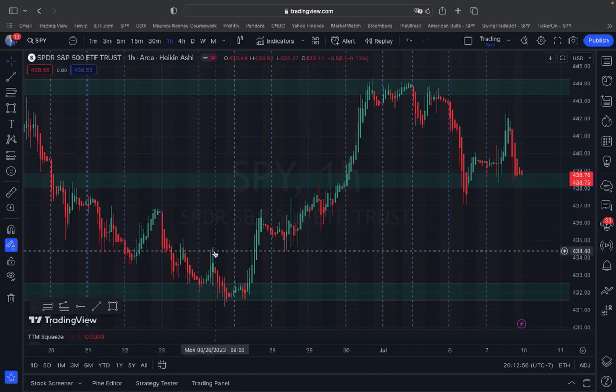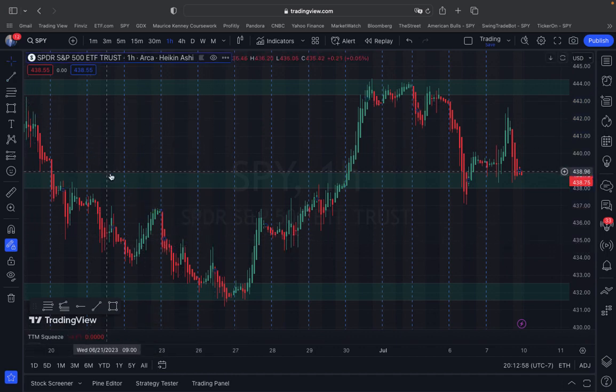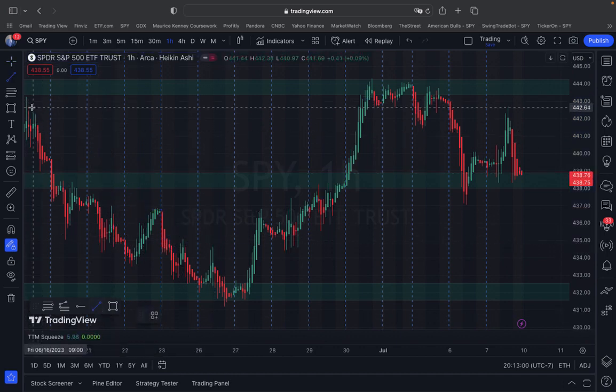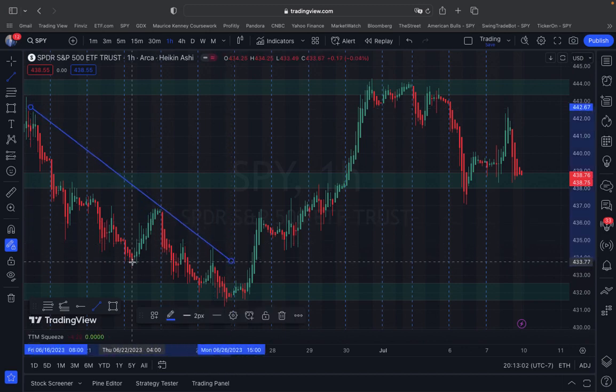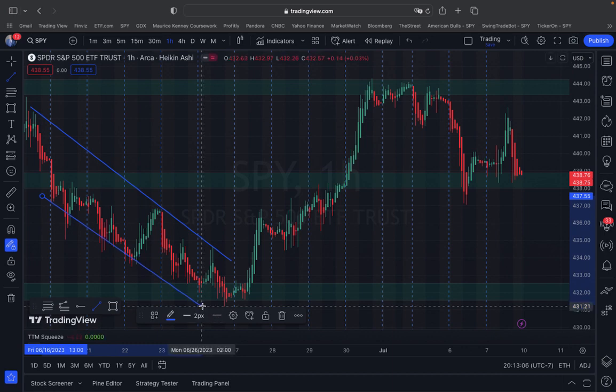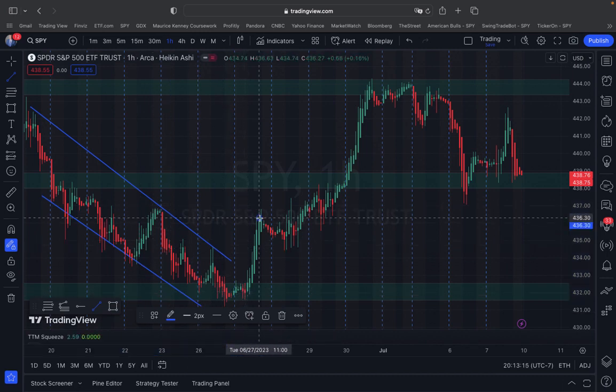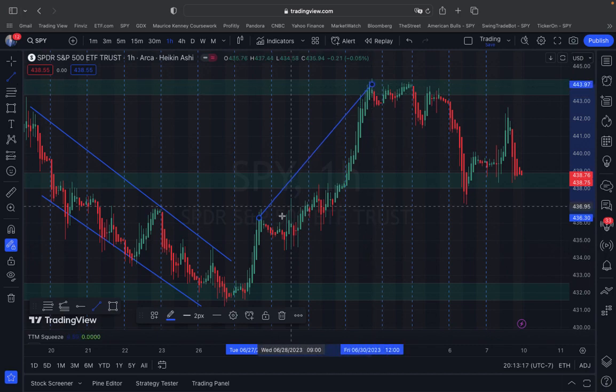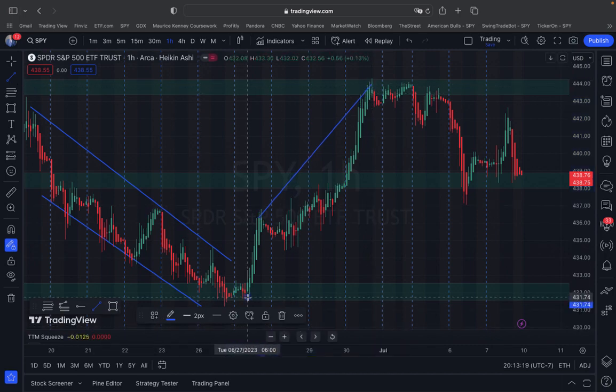So price trended down here. It's pretty obvious that price was trending down. And then if we draw another line here, price respected this zone, and also respected not only the trend lines, but also the zone. It came back, bounced back up, and rallied all the way back up as we saw on the larger time frame.